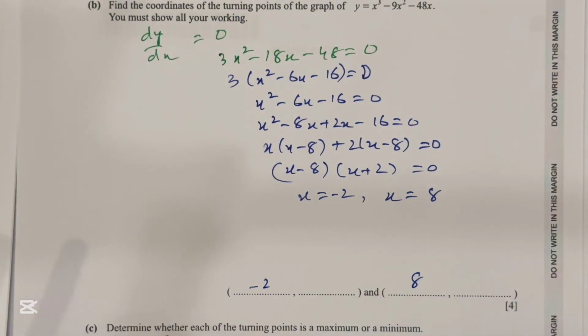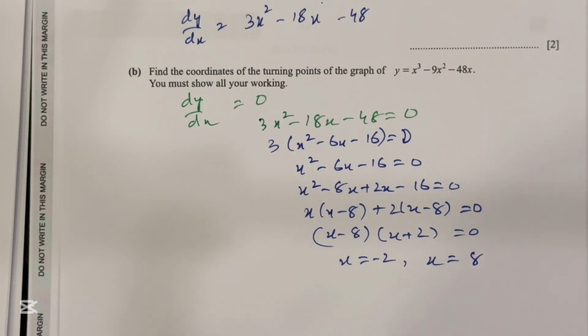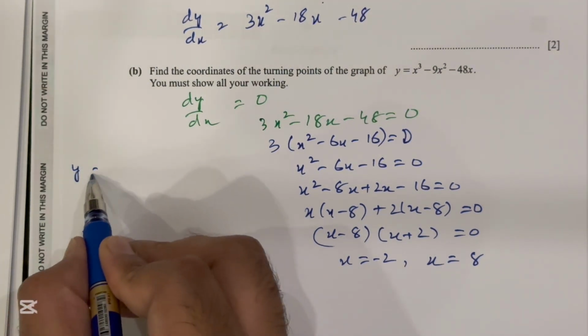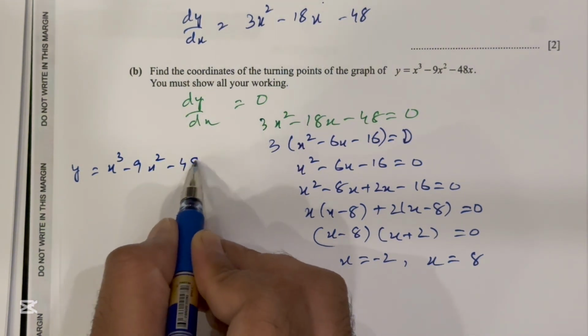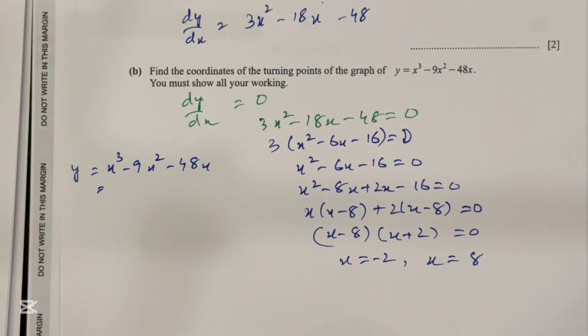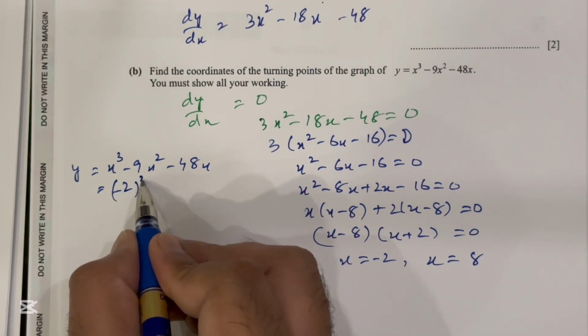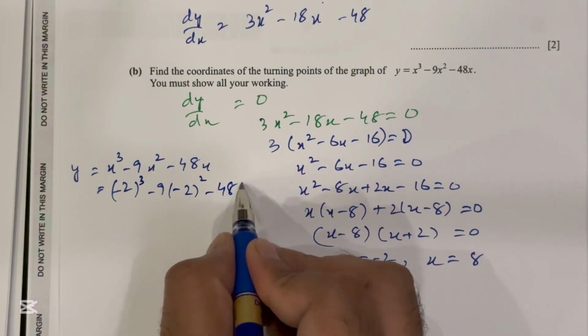Now we need to substitute these values in our first equation to get the answer of y. It would be like that, y is equal to x cube minus 9x squared minus 48x. Now put minus 2: minus 2 cube minus 9 into minus 2 square minus 48 into minus 2.